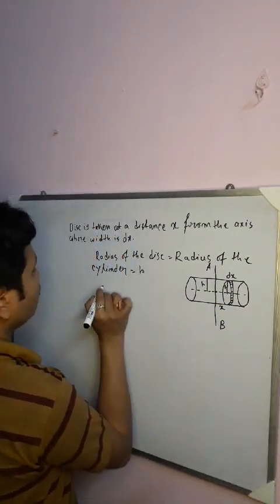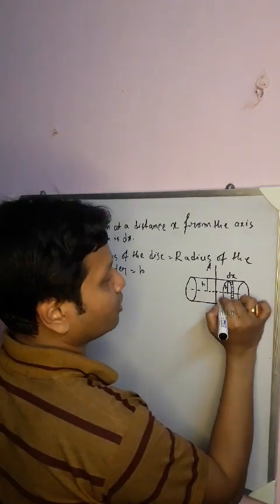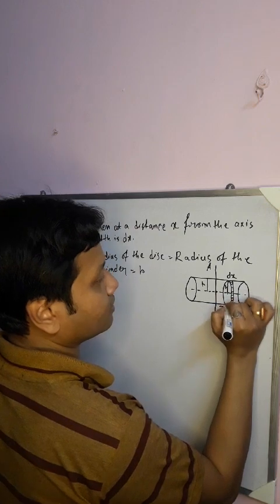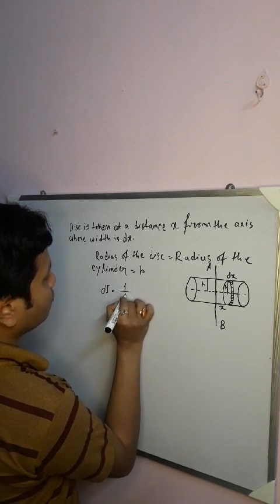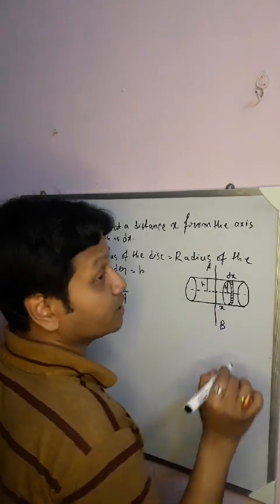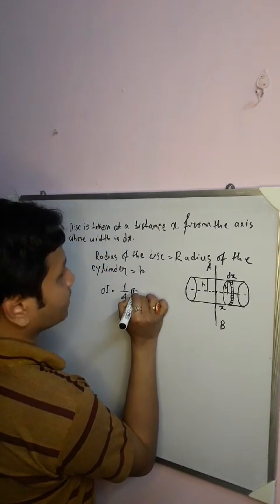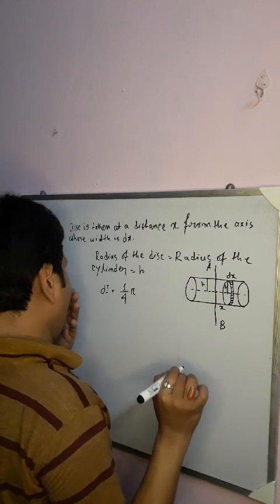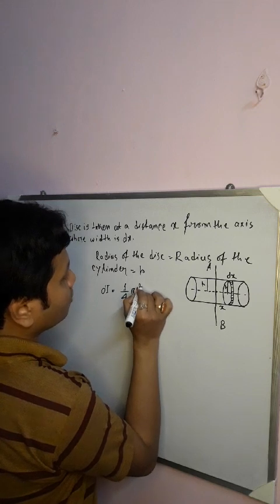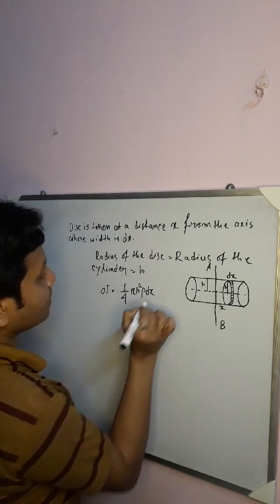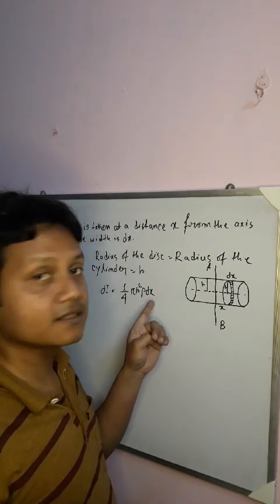At first, the moment of inertia about the diameter is 1/4 m r square. If rho is the mass per unit volume, then pi r square rho dx is the mass, because pi r square dx is the volume.